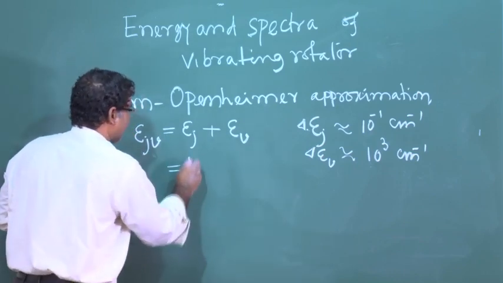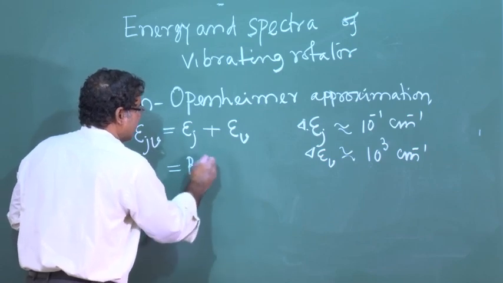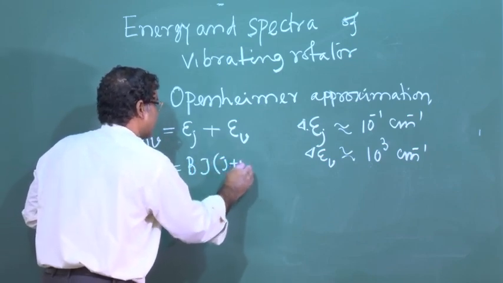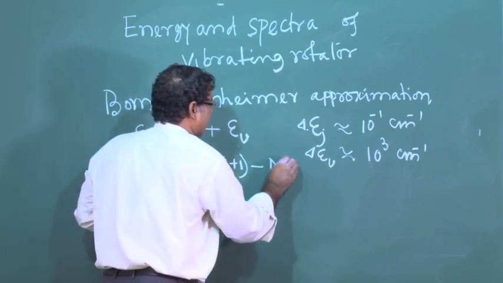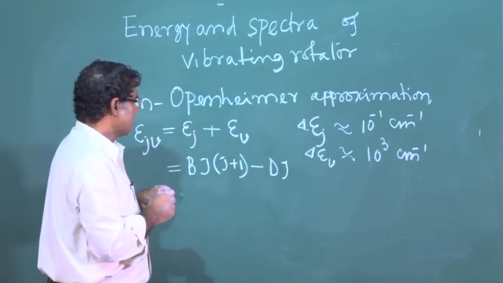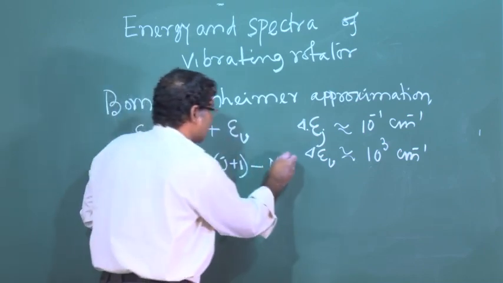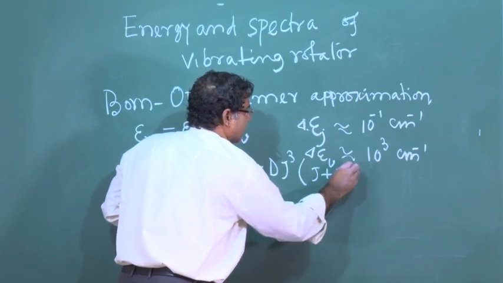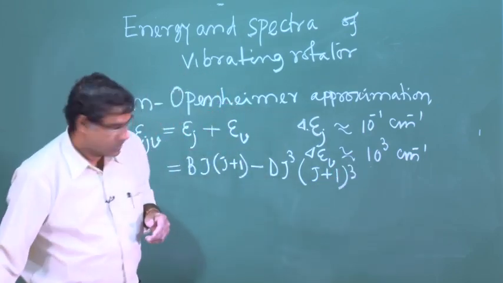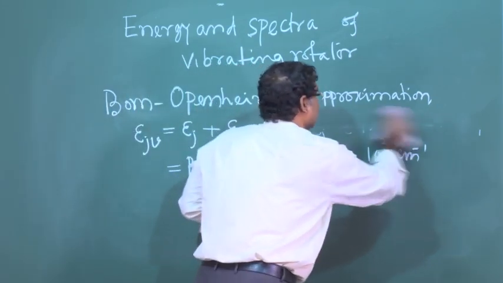That we have written: B J(J plus 1) minus D J cube (J plus 1) cube.